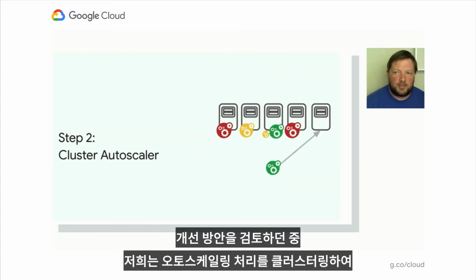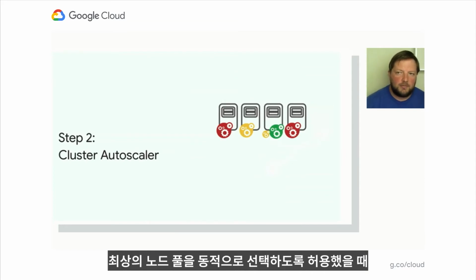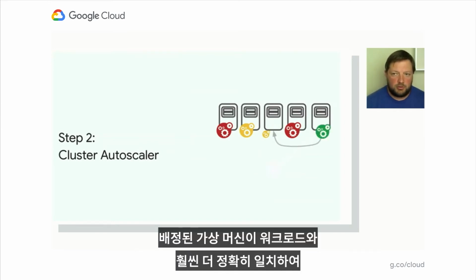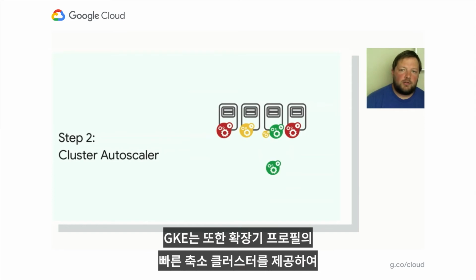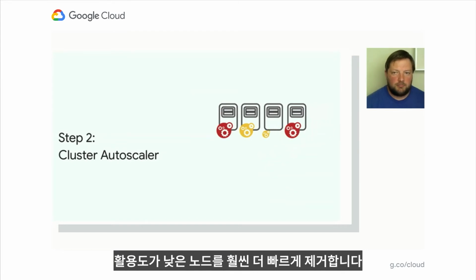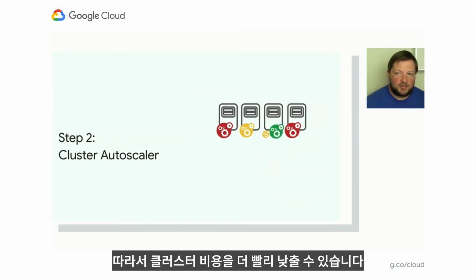When we allowed the cluster autoscaler to choose the best node pool dynamically, we found that provisioned virtual machines match our workloads much more closely, which use less memory and less CPU. We waste less. GKE also offers fast scale-down cluster autoscaler profile, which removes underutilized nodes much more rapidly, thus lowering the cost of your cluster faster.